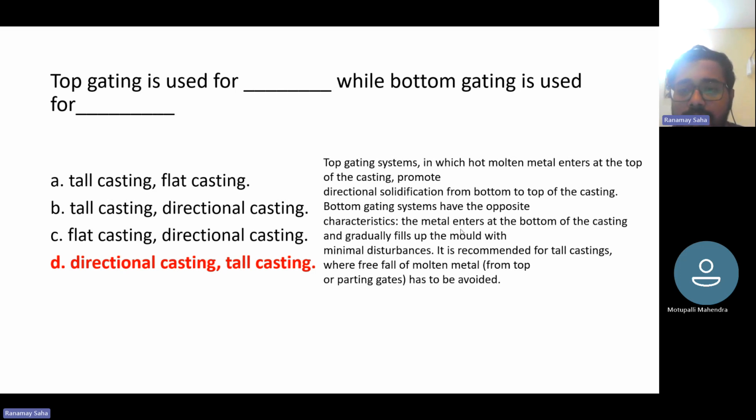The metal enters at the bottom of the casting and usually fills up the mold with minimal disturbances. But in this case, the thermal gradients get disturbed, and hence directional solidification is required for top gating, while bottom gating is used for tall castings, so that erosion of the wall doesn't affect the quality of the part produced.